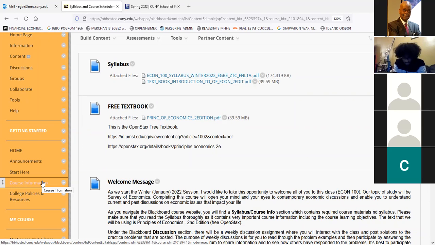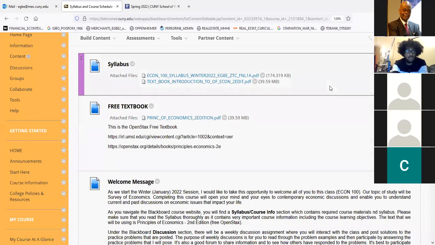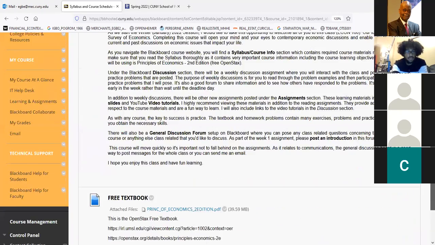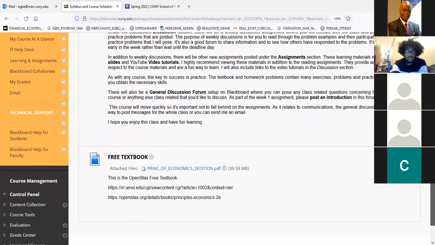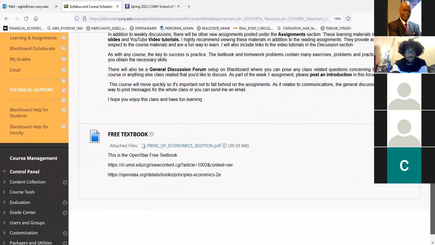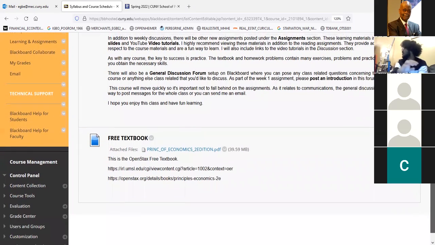Do not click on information, click on course information. Professor, you have to press start here, and then I see course information. And then I see the chart where it shows us the modules and the dates that it's due. Once I press syllabus and course schedule, everything pops up. Okay, and there's two places you can see the free textbook.